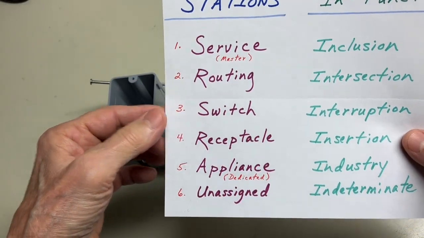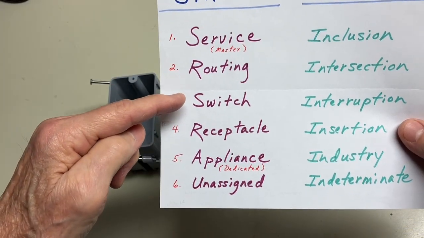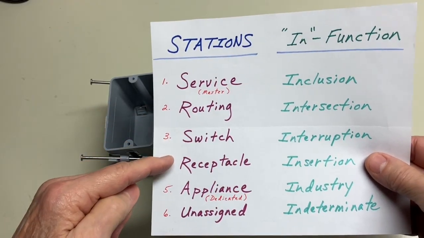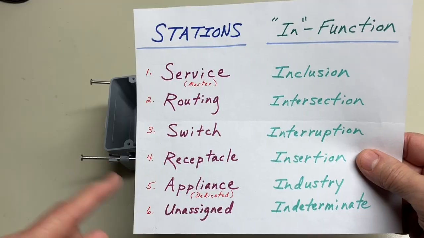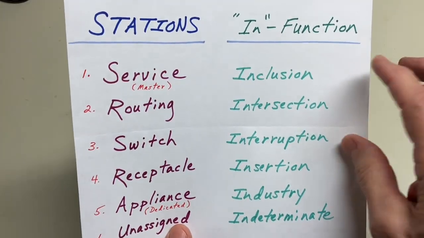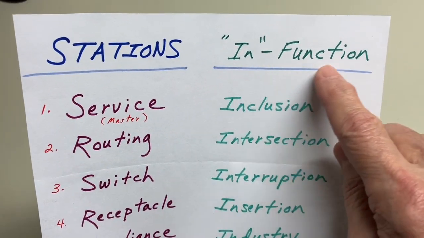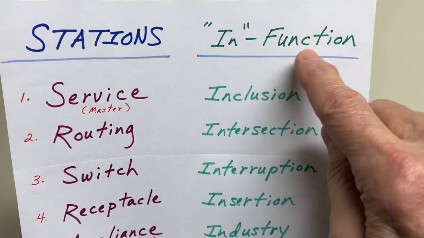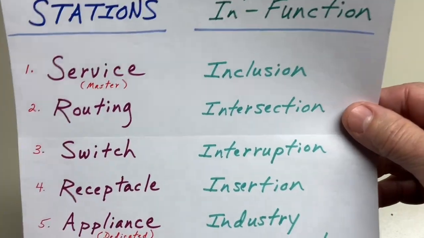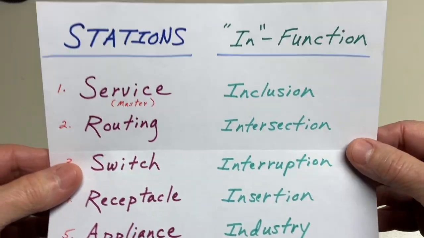And each one of the 6 has what I call an in function. It's kind of a helpful mental aid, a little helpful hint to give you an idea what's going on in those stations.